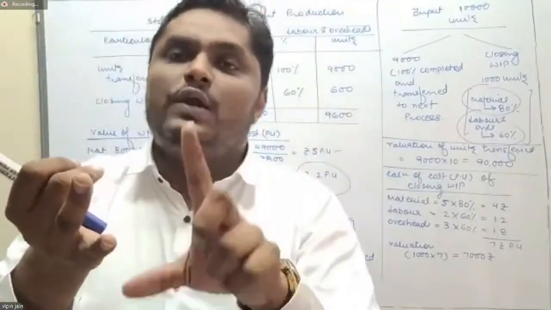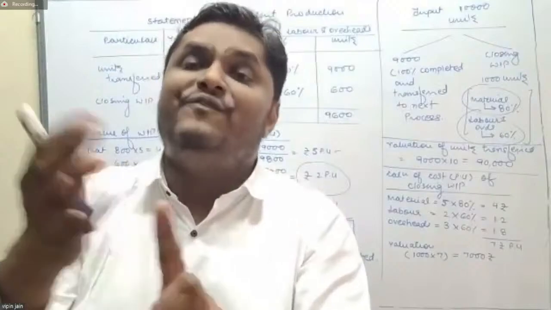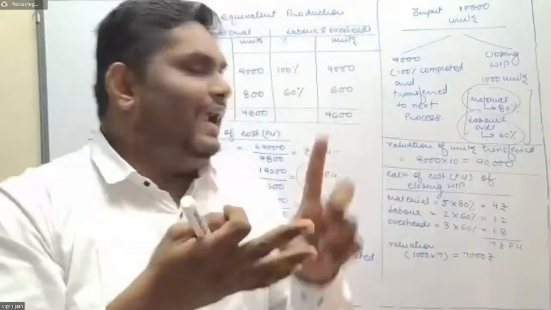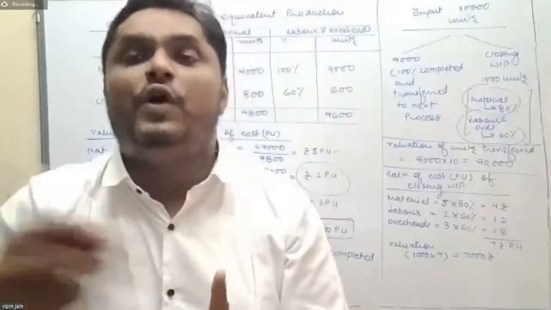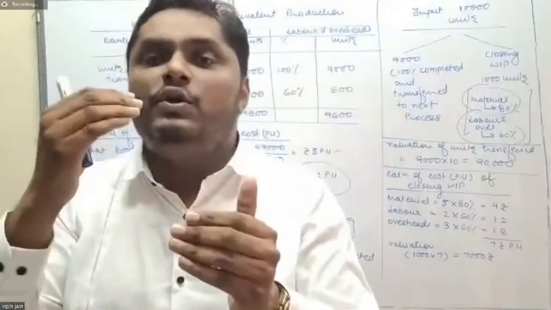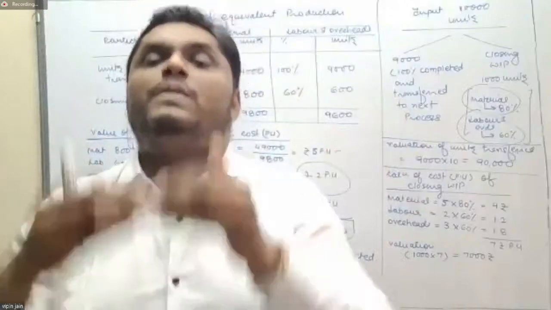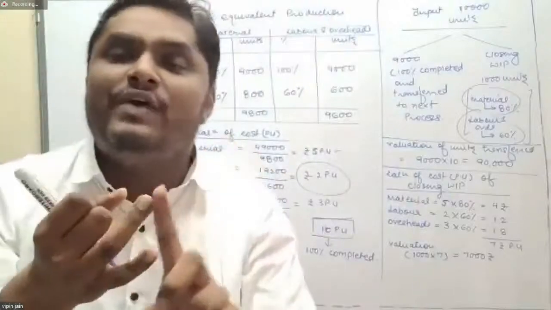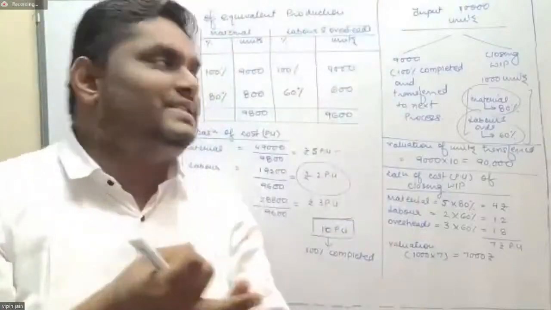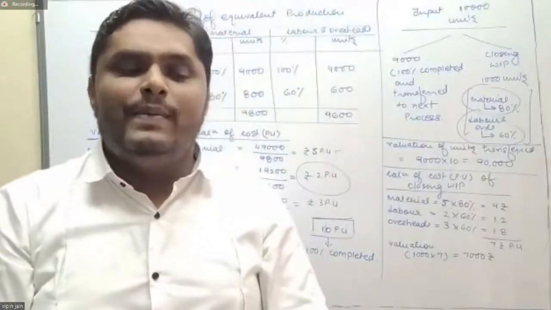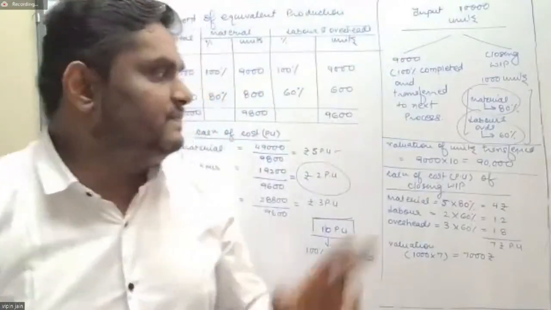That is, in the next year, opening work in progress will be further processed in case of material by 20% and in case of labor and overhead by 40%. So this much represents the work completed during this year, and this will be the opening work in progress for the next year. And opening work in progress will be further processed next year, 20% in case of material, and for labor and overhead, it will be 40%.